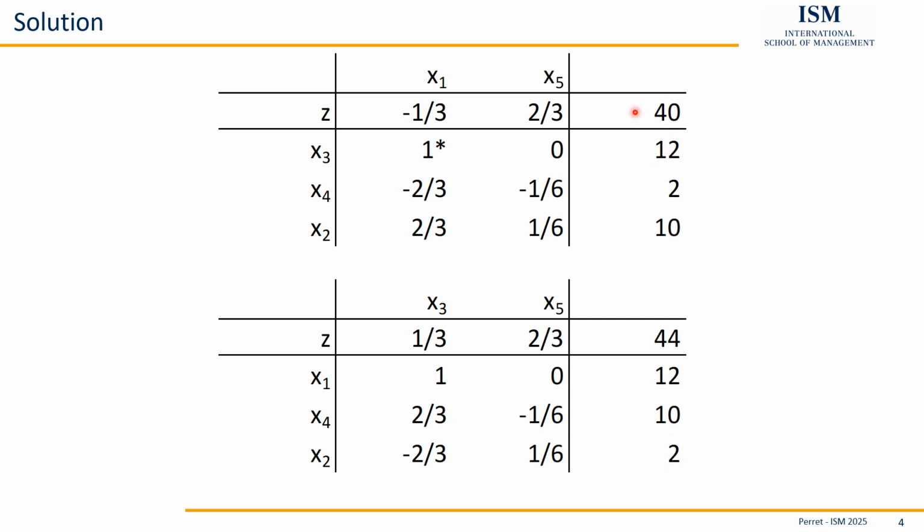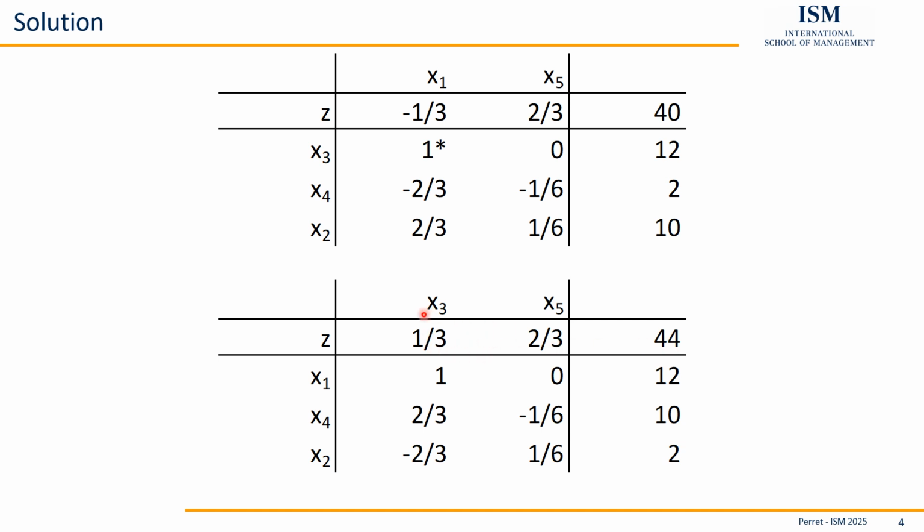For this value up here, I would have this rectangle, which would be 40 minus minus, so getting plus, 1/3 times 12 divided by 1, so 1/3 times 12 is 4. 40 plus 4 gives 44. Well, as I said, this is my optimal solution.